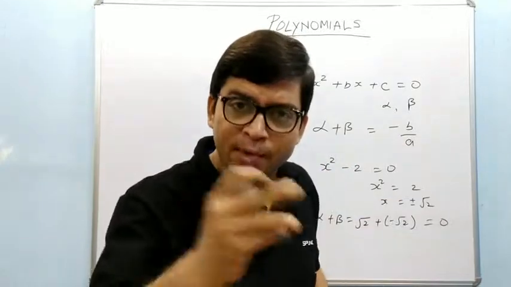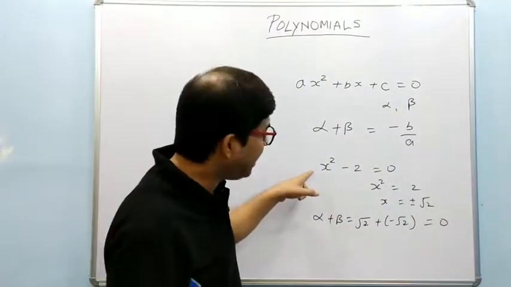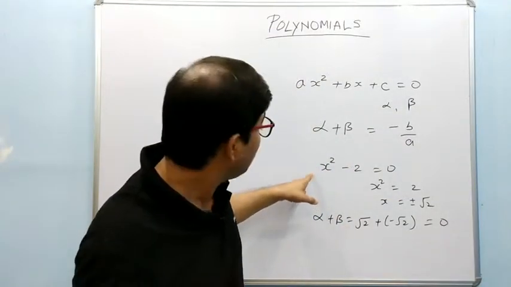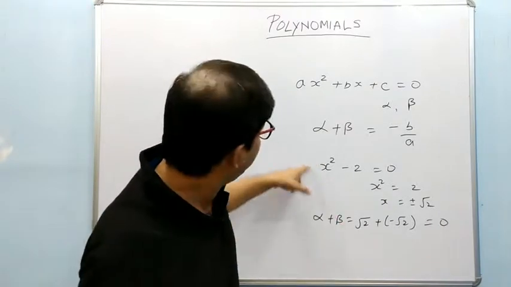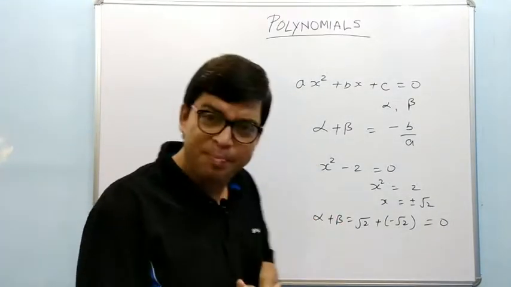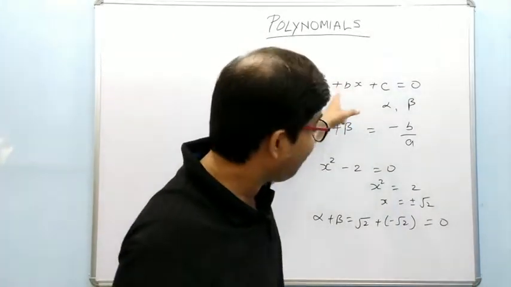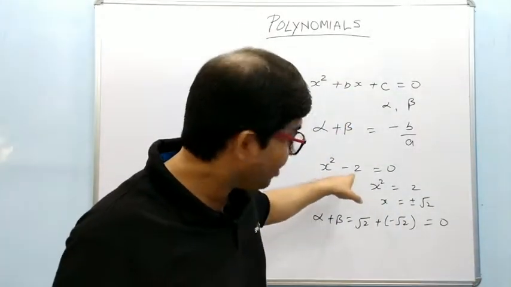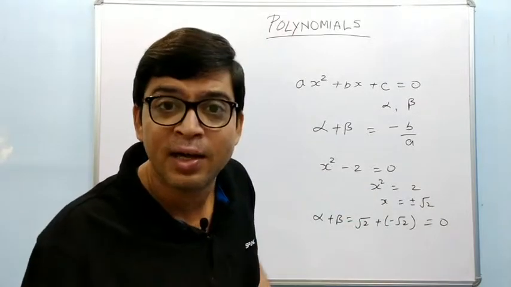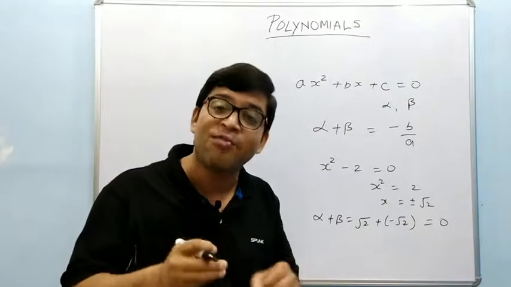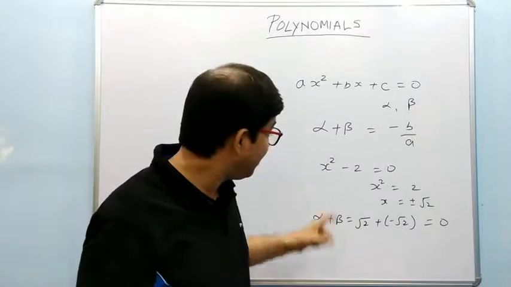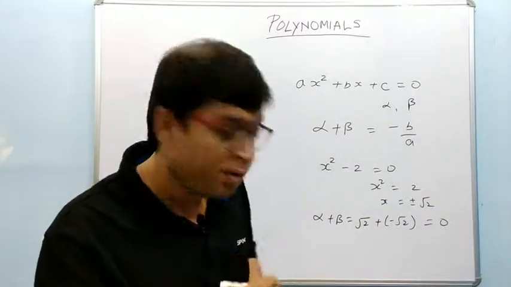Whether this formula is applicable or not, see. What is a here? a means the coefficient of x square. What is b? Tell me. b means the coefficient of x. Is there any term having x? So the coefficient of x is 0 here. So b is 0.